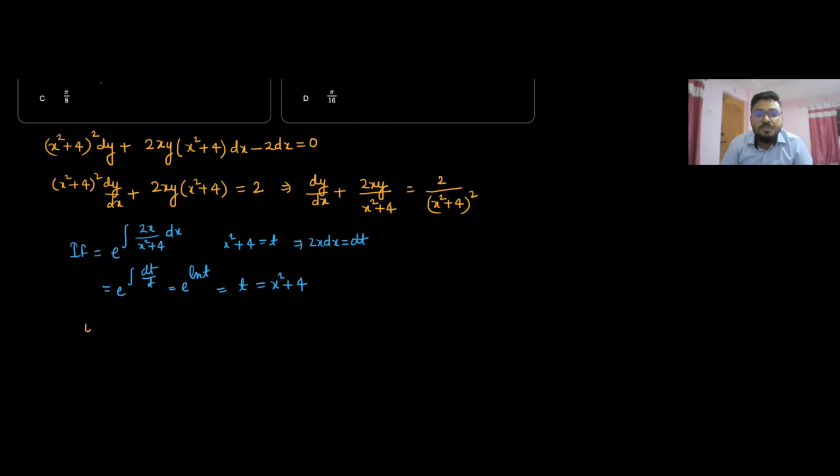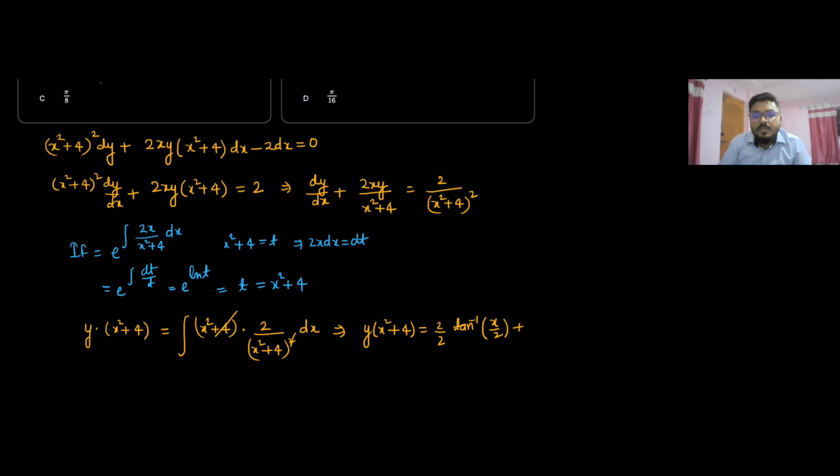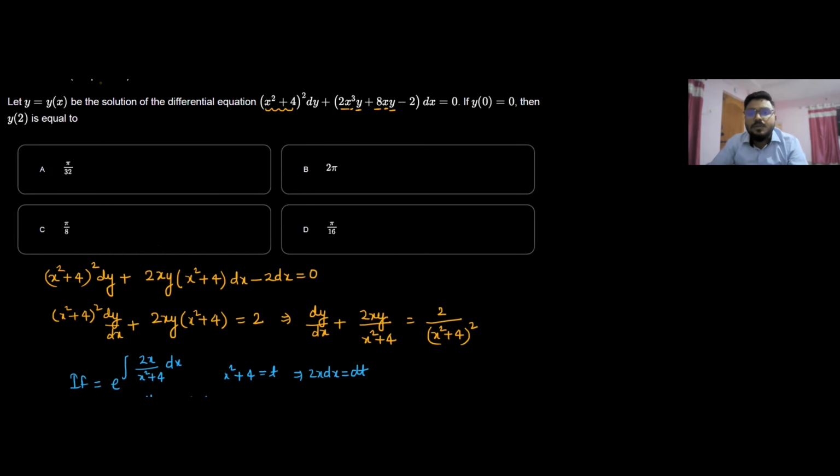So now the solution would be y into x square plus 4 is equal to the integral of x square plus 4 times 2 divided by x square plus 4 whole square dx. So one factor is cancelled, and 1 by x square plus a square integral is 1 by a tan inverse x by a. So this is y times x square plus 4 is equal to 1 by a tan inverse x by a plus c. Okay, so this 2 got cancelled first.